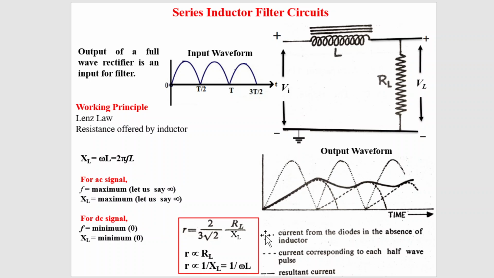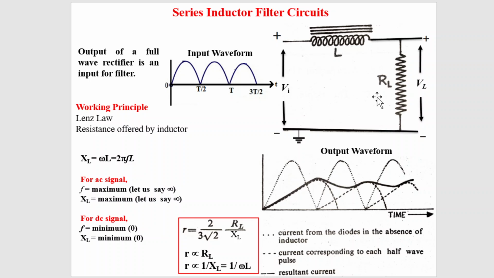And similarly, the value of inductor should be very high. If L is very high, then the ripple will be very less. It means in order to make a series inductor filter circuit, we require a very high value of inductance and a very low value of load resistance.